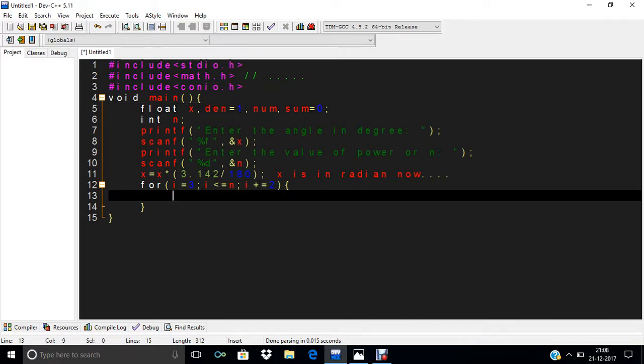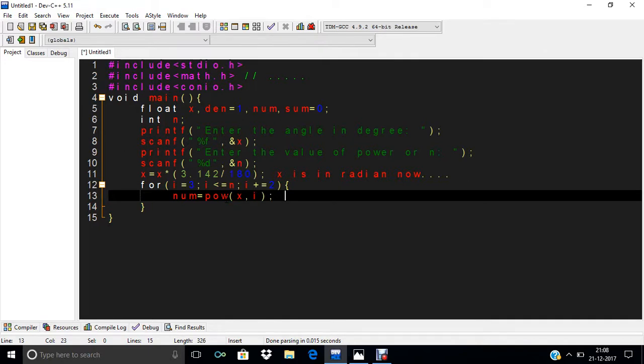Then num equals 2. Now as I told you, I have included math.h in this program because here we need to use the power function. So num equals pow(x, i). What this x comma i means, I'll write in words.